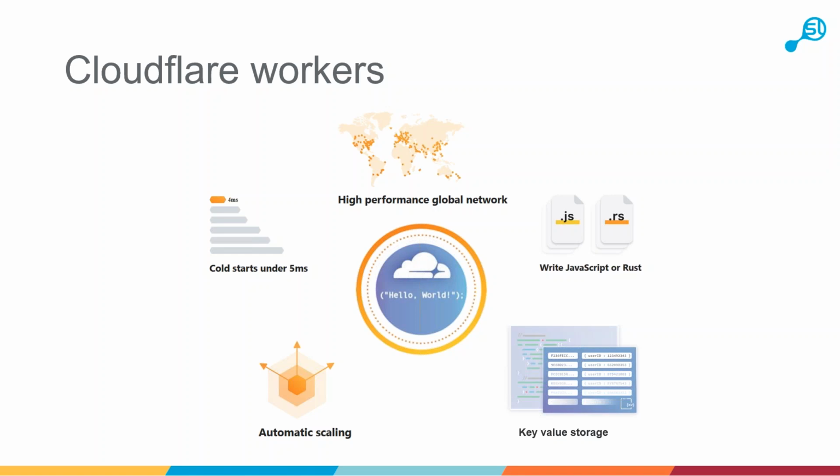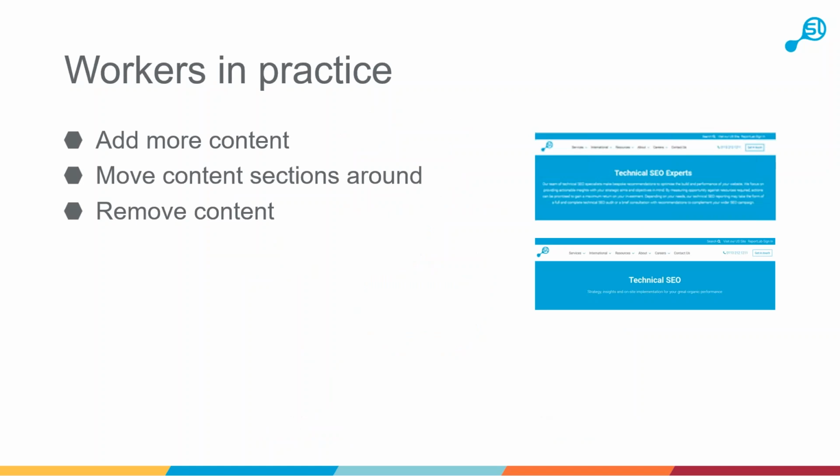They have performance benefits in terms of scaling and quick launch. You can write code in JavaScript or Rust to deliver tests. They also offer key value storage, which is a small database that you can use for associations and making sure that the tests get the right information to implement on pages.